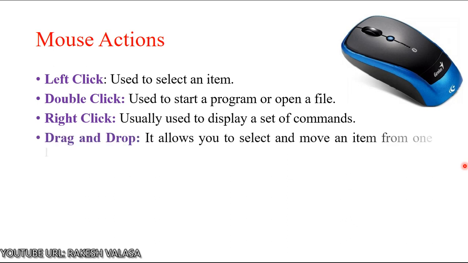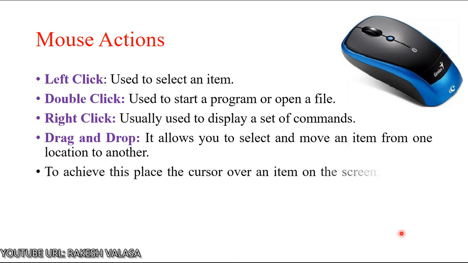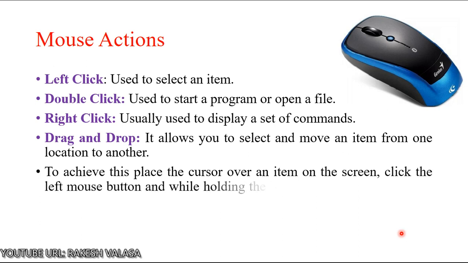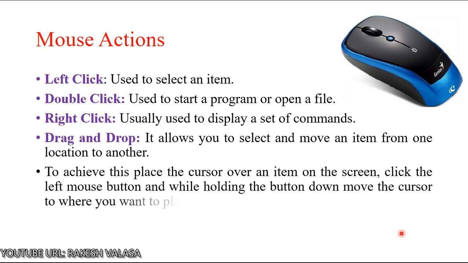When you hold the mouse left button, drag and drop, it allows you to select and move an item from one location to another. To achieve this, place the cursor over an item on the screen, click the left mouse button and while holding the button down, move the cursor to where you want to place the item and then release it. These are a few mouse actions.